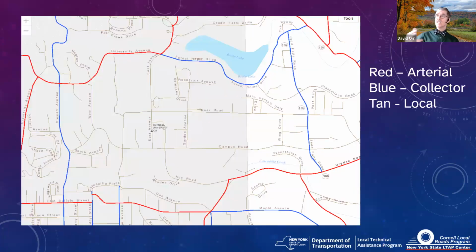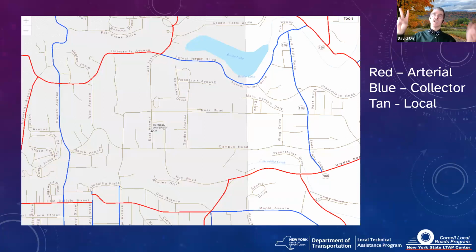So let's just look at a map and think about this. It happens to be the map at Cornell University. The red roads around Cornell are classified by the National Highway System, the Federal Highway Administration and the state DOT as arterials. And if you know Ithaca, you know these roads are going around the university. Then the blue roads are the collectors, and there's even one collector that goes through the campus that's actually managed by the town of Ithaca.